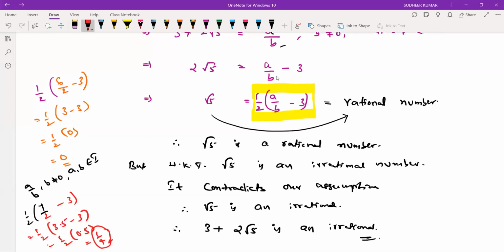Is it a rational number or not? Yes, sir. That's it. We should choose the a, b values as integers, which gives the rational. Mostly, if we take a, b as integers, we'll get rational numbers only.